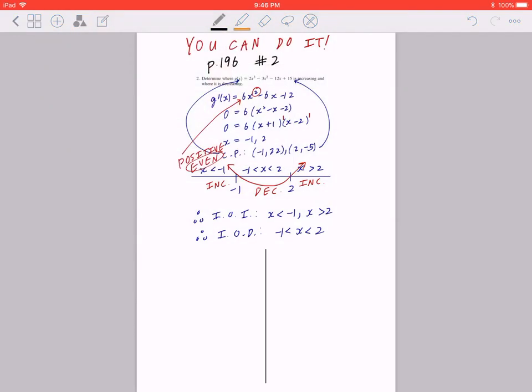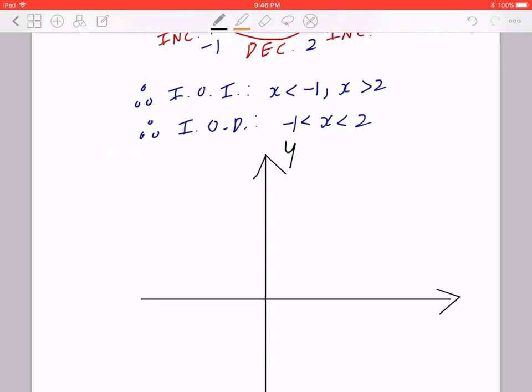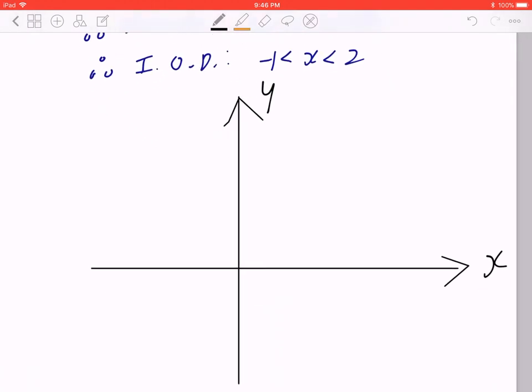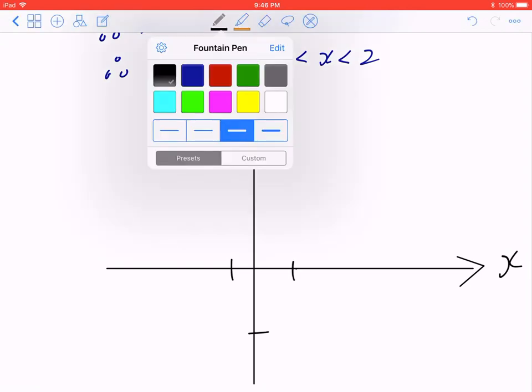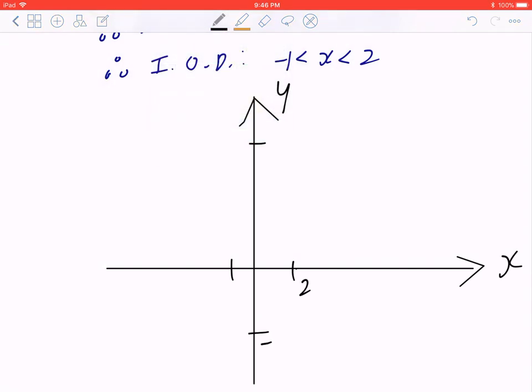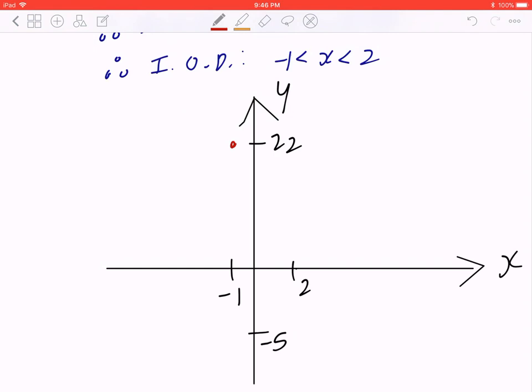Now, before we keep going, I'm going to give a little bit more. I know they didn't ask you to graph this, but give me a chance to over-deliver. So if you go back to the critical points, again, this is just a sketch of what it looks like. The scale is not perfect, I know. One critical point is going to be negative 1, 22.